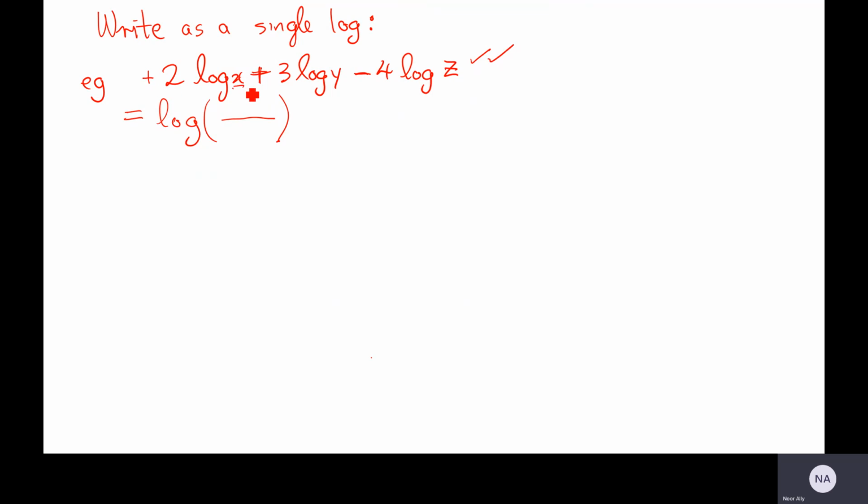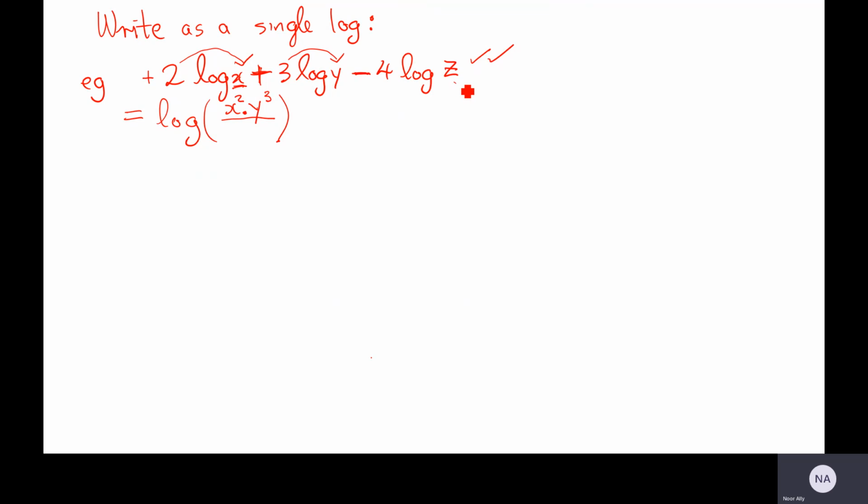Whatever plus is, that's the base, and that 2 goes to the top, in the numerator, x squared. That's a plus, so it'll be times. Very important. Remember, when you have plus, plus, plus, it came from a product, so they were factors. And then the 3 goes to the y, so that will be times the y cubed.